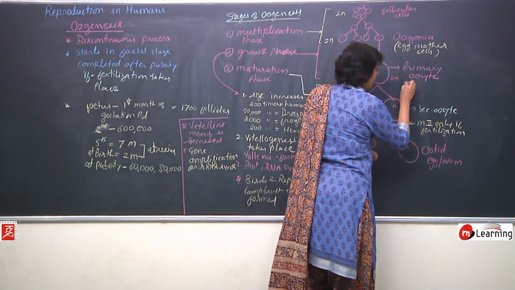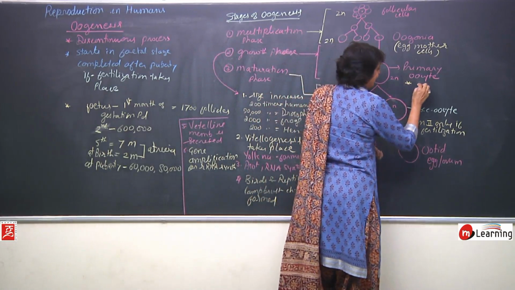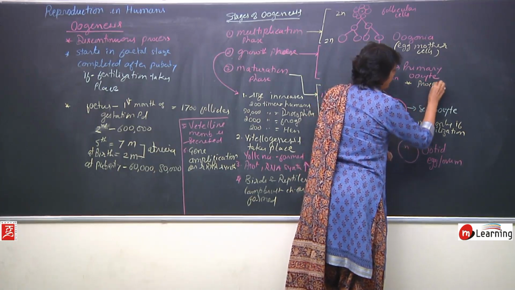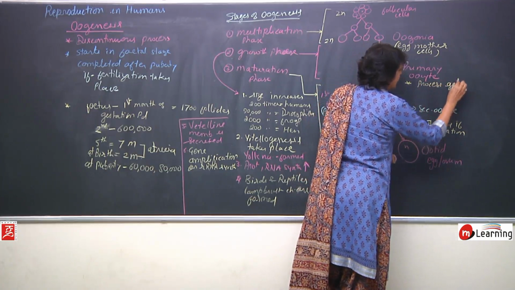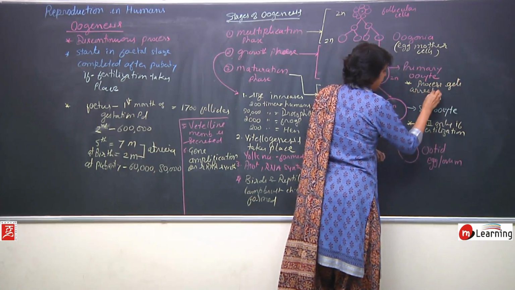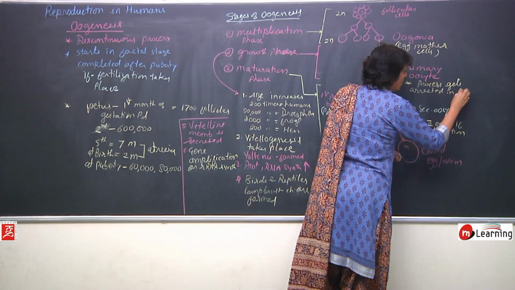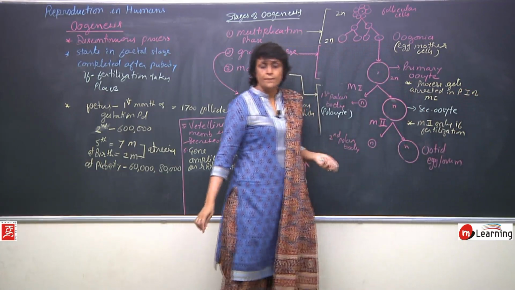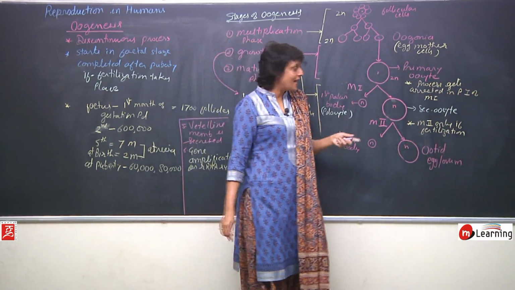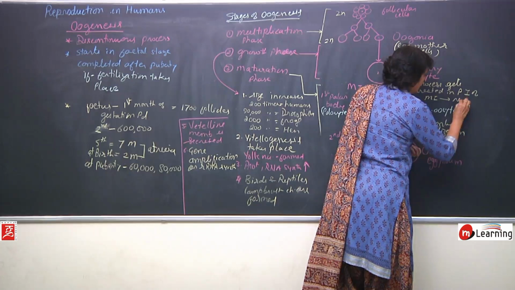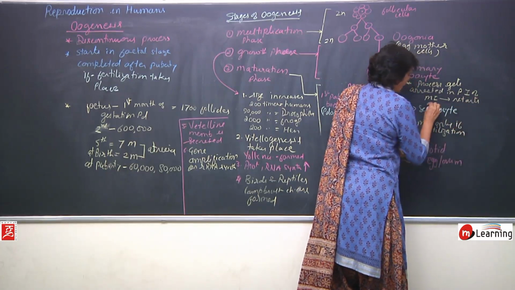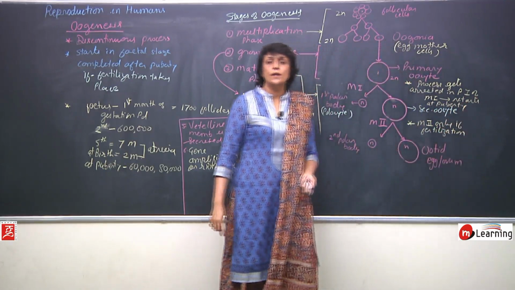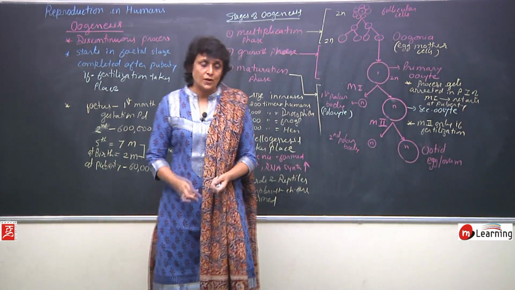So here we can write one more thing: the process gets arrested in prophase 1 of meiosis 1, and it restarts at puberty, and that is why we call it a discontinuous process.